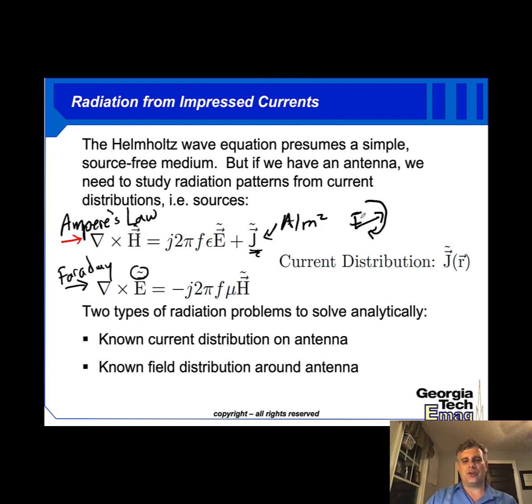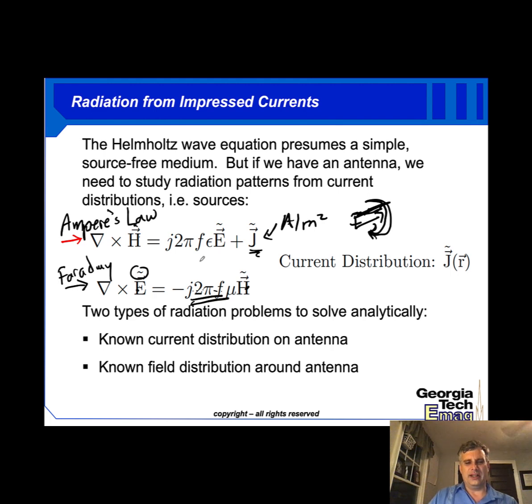And it also circulates around a changing E field. So if there's a changing E field in here back and forth, you will also circulate a magnetic field. Faraday's law, on the other hand, says that the E field circulates around a changing H field. This minus j2πf in the frequency domain for a phasor.